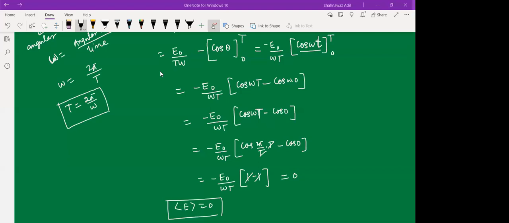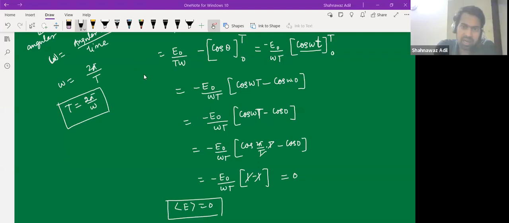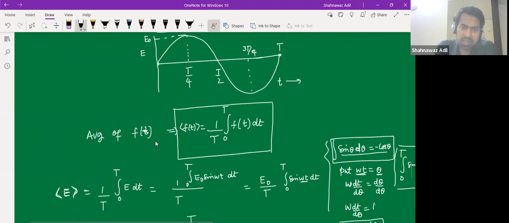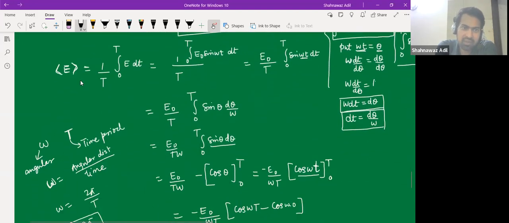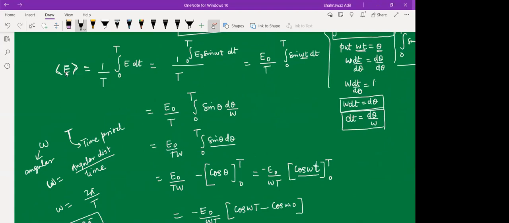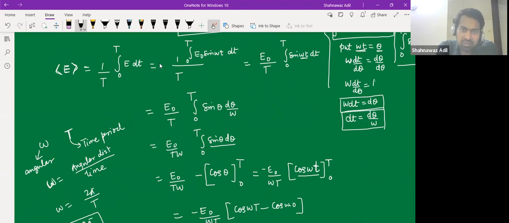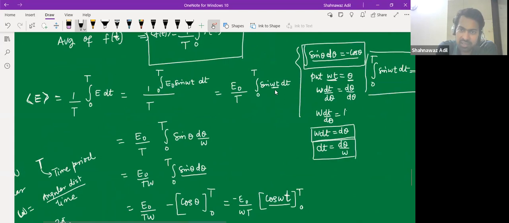Yes, sir. Done. Okay, so Mariam, what we did was that we were calculating this average EMF, right? So we put the value of E, which is E naught sine omega t, and then we had this integral of sine omega t dt.